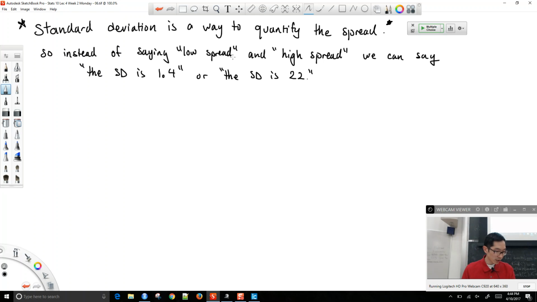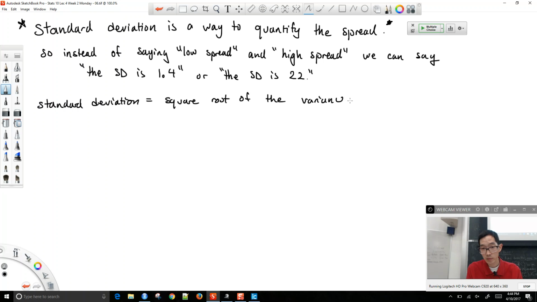Okay, and so one way to define the standard deviation is we'll say the standard deviation, I gotta work quickly here, is equal to the square root of the variance. Okay, so here's a term. And what is the variance? The variance is equal, and I'm going to just put in quotes, the average squared distance from the mean.